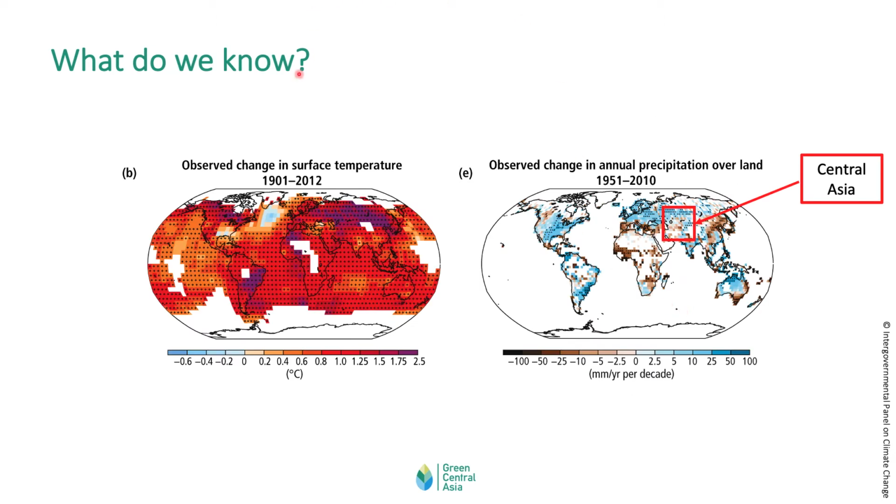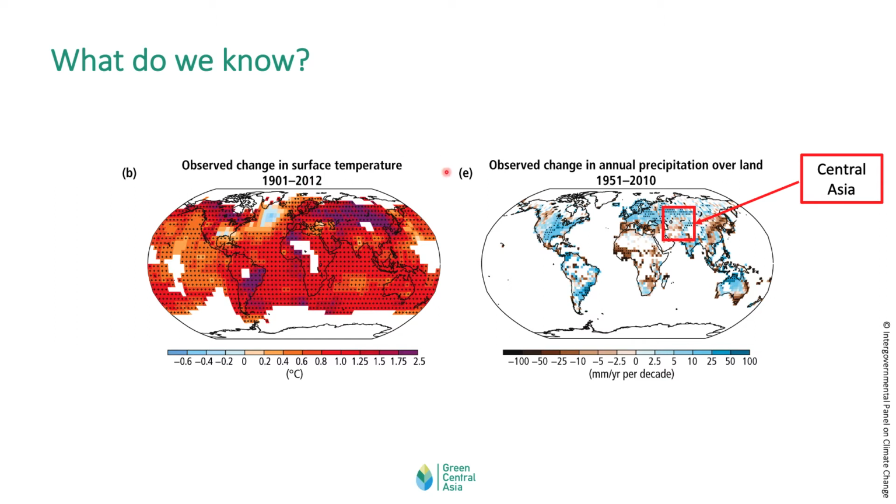And we know that the temperature is rising globally with some exceptions. For example, here we have what we call a warming hole in the North Atlantic, because there is a hypothesis that the ocean circulation is slowing down, and that would have a feedback on heat transport in the North Atlantic.